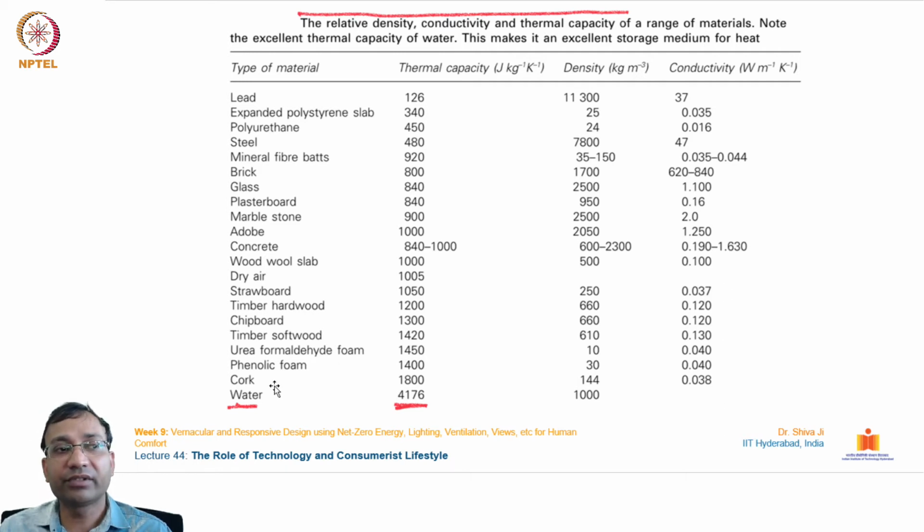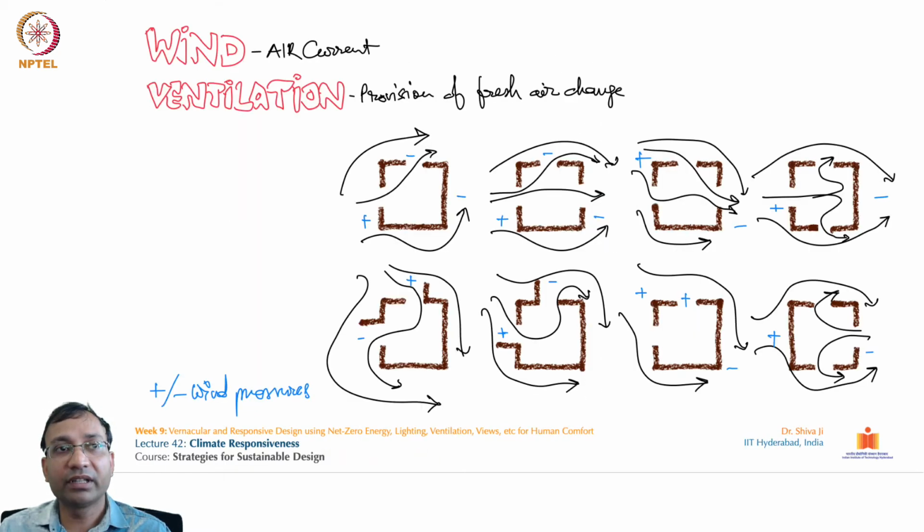Compare to this all of these materials which are sourced from nature, whether it is water, cork, or these timber softwoods, they have this conductivity quotient in a fraction. Okay, so we can choose a proper combination of these three values and apply these materials responsibly.